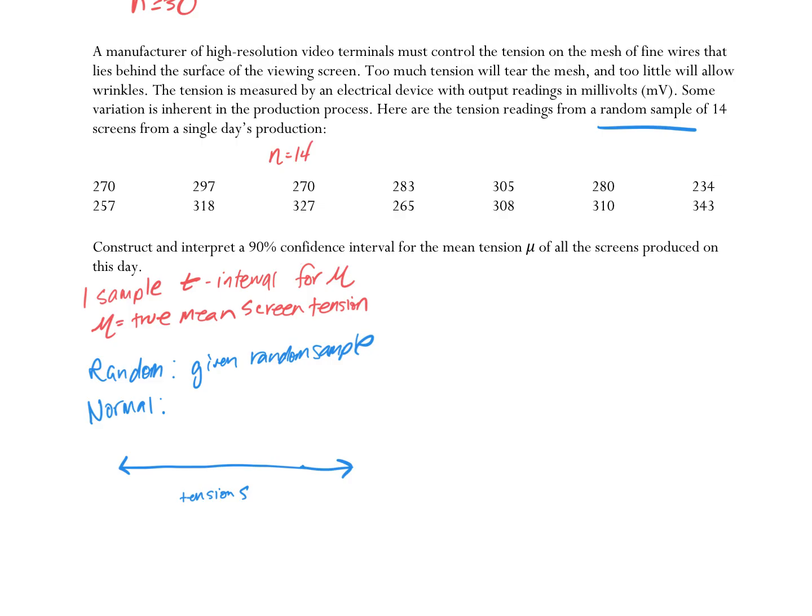What's the lowest one? 265 and 343. So if I have this go from 250 to 350, or am I missing one? 234, thank you. If I had this go from say 230 to 350, would that work?